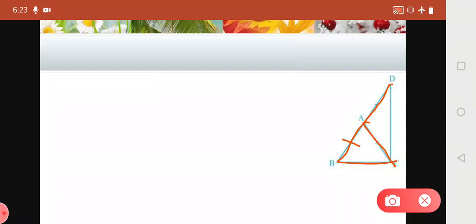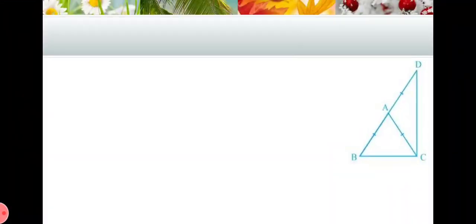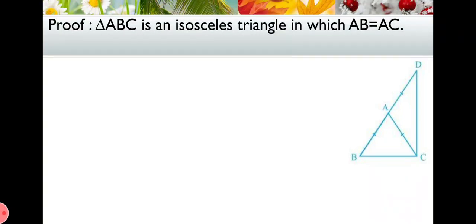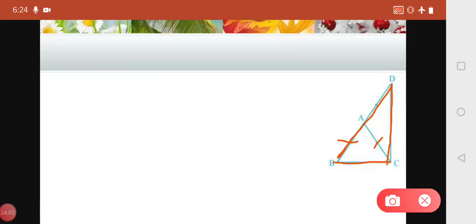In this triangle, AB equal to AC is given, and then we are producing it to point D, where we again get AD equal to AB. This is also given. And we have to prove that angle BCD, this angle, is 90 degrees. This we have to prove.